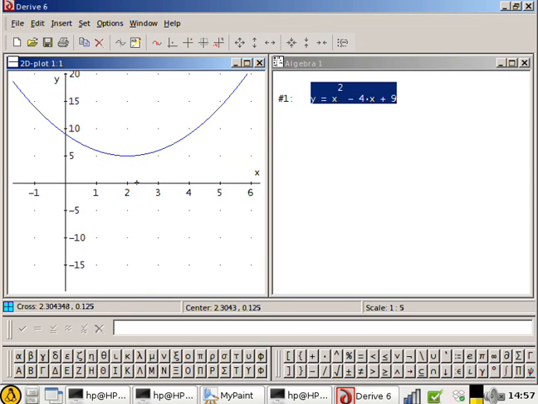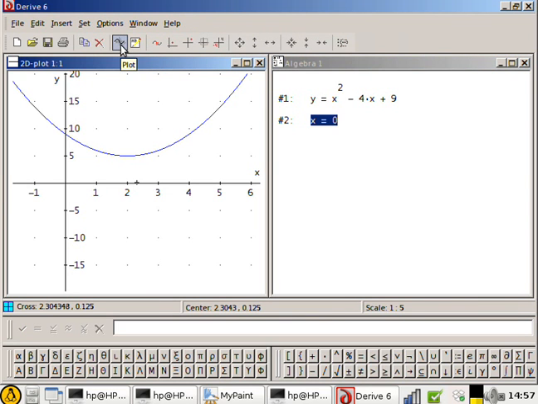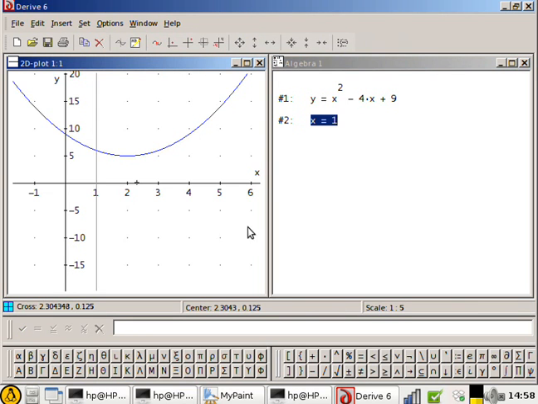Now let me just put in the 0 and the 4 as well. Sorry, not 0, I meant 1. x is 1. There it is there. And then x is 4.